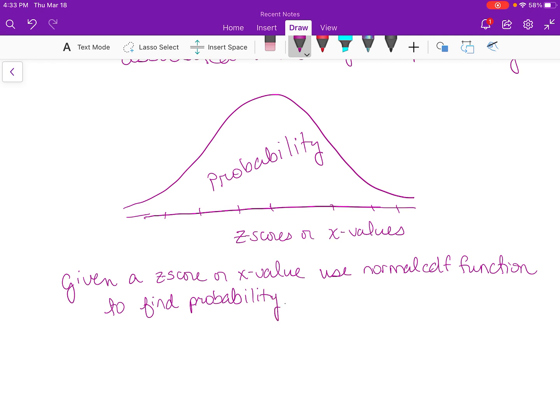So if we're going to go in reverse, if we're going to be given probability, you do what you would do in any situation in math. If you want to go in reverse, the opposite of addition is subtraction. The opposite of multiplication is division. Those are called inverse functions.